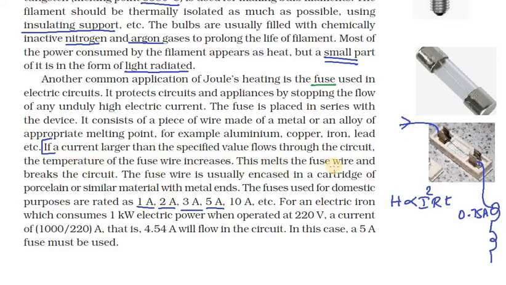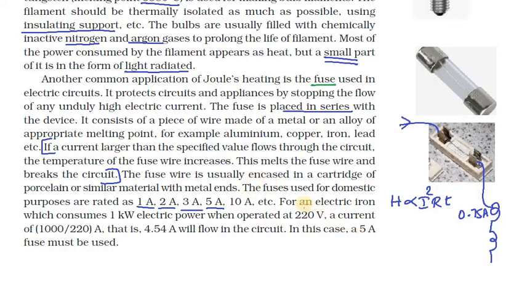This in turn melts the fuse wire and breaks the circuit. We have to place the fuse in series with the device so that when it melts, the supply of current is cut off.